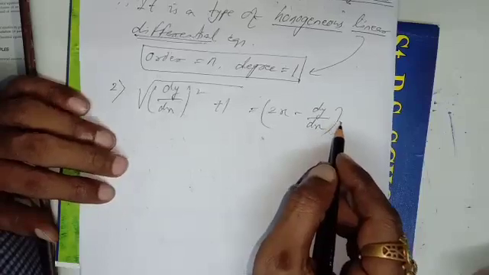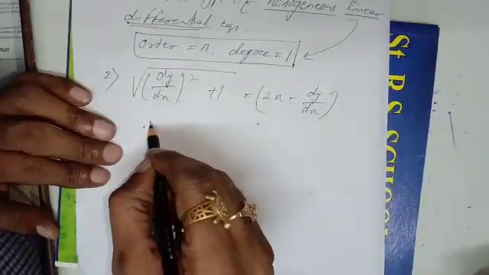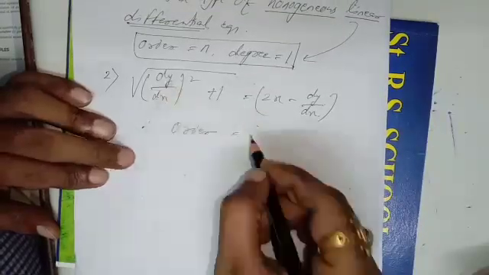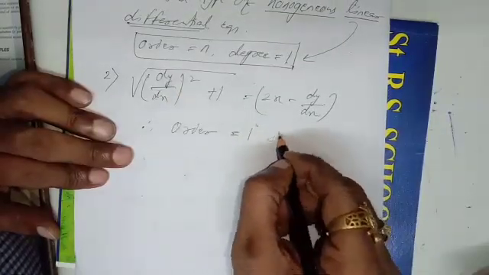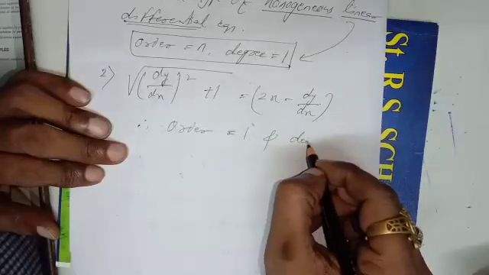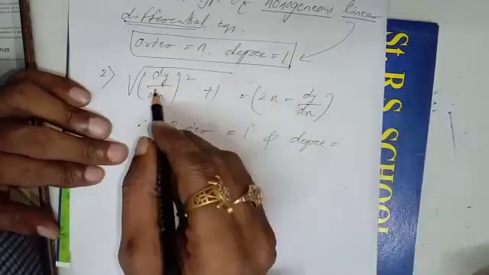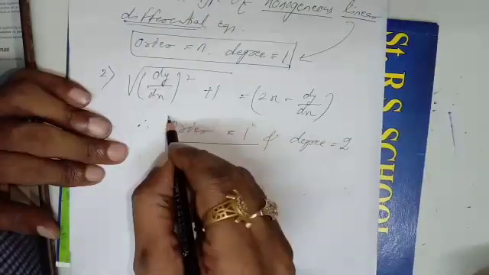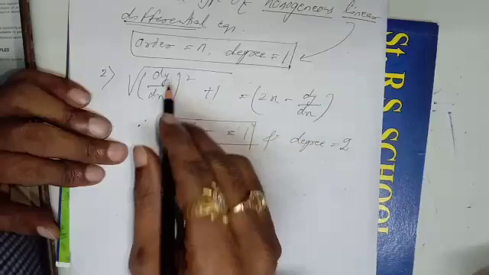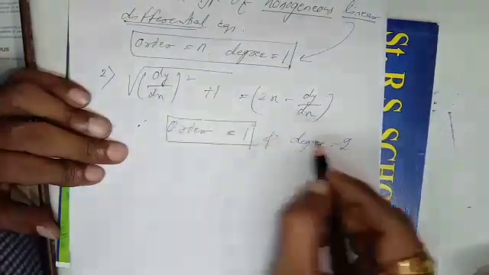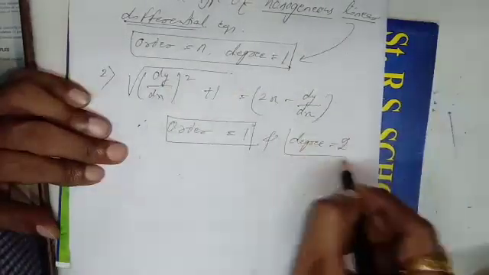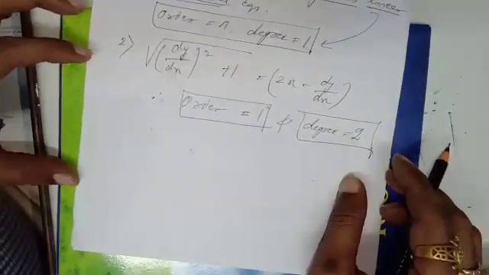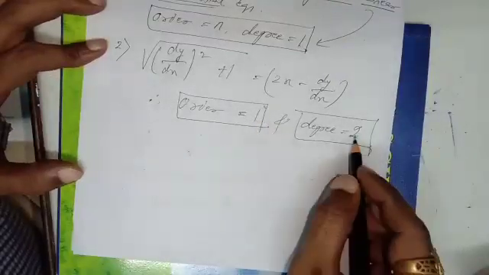The order is 1, since the first order derivative dy dx is the highest. The degree is the power of dy dx, that is 2. So this is a differential equation having order 1 and degree 2. I hope it is clear.